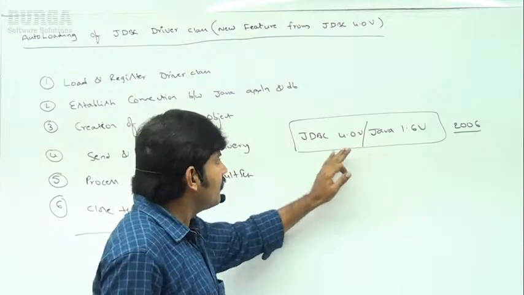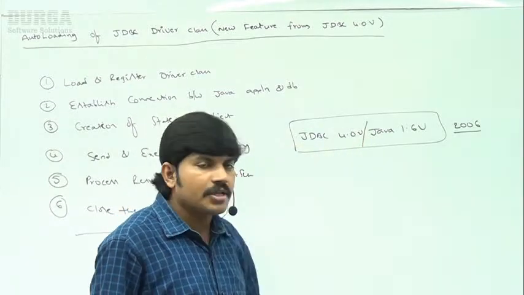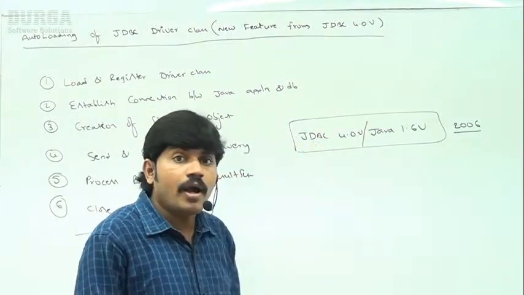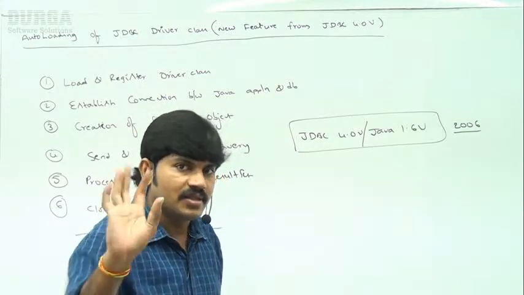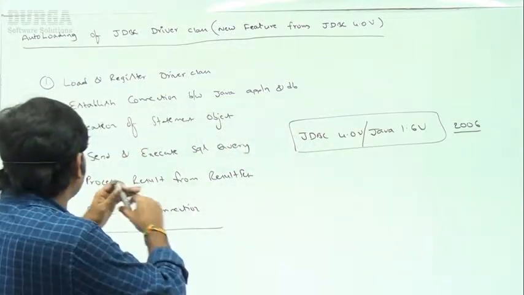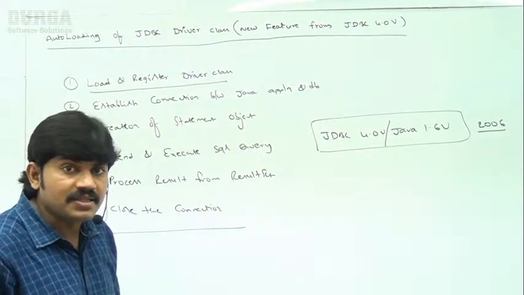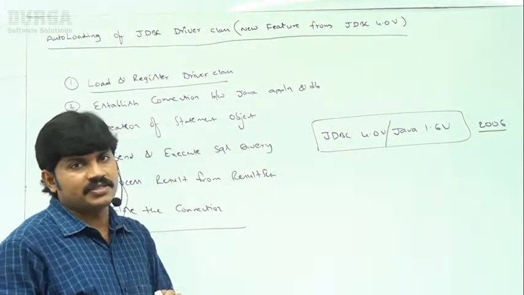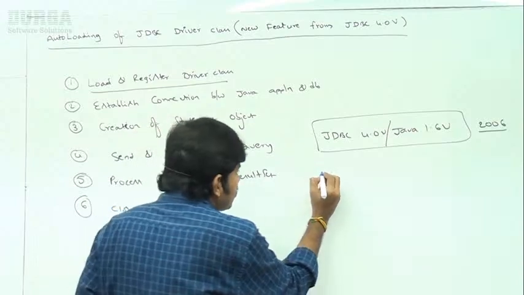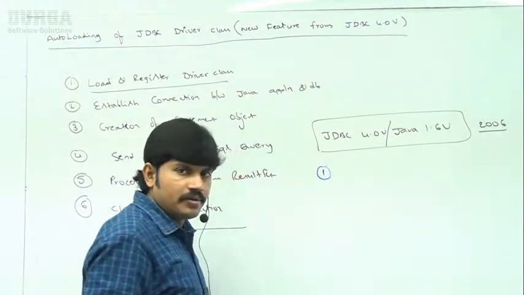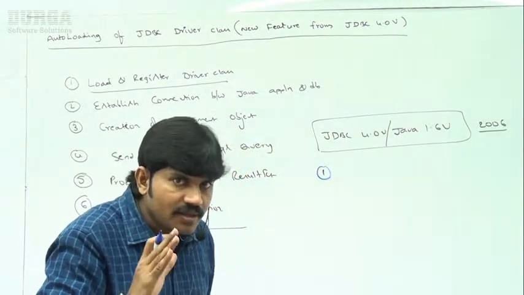Now, in JDBC 4.0 or Java 1.6 version, auto loading of the driver class is there. We are not required to load and register the driver class explicitly. How is it going to happen? Usually, for the first step, what code do we have to write? Load and register driver class.